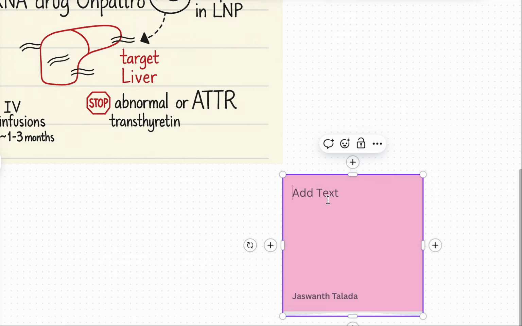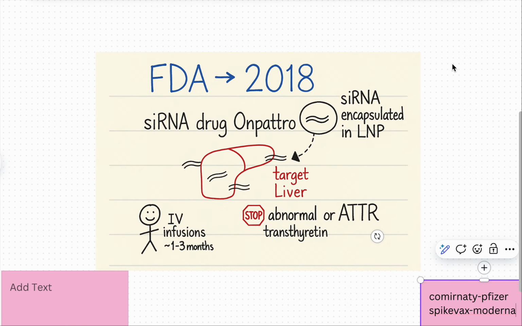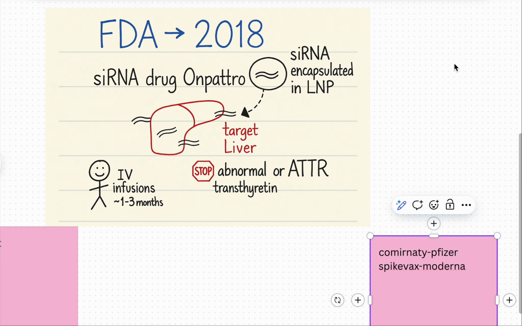And the drugs are Comirnaty by Pfizer and Spikevax by Moderna. These are both lipid nanoparticle based, delivering the mRNAs of the SARS-CoV-2 spike protein inside the human cell and giving the body the power to fight against the coronavirus.